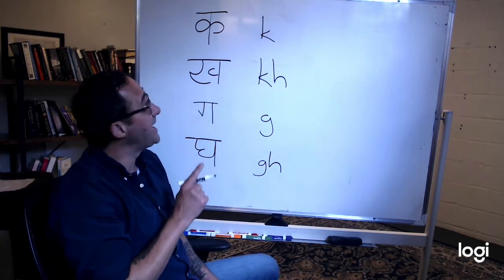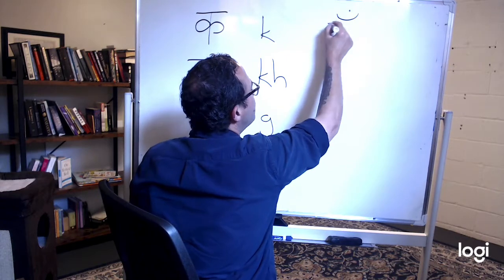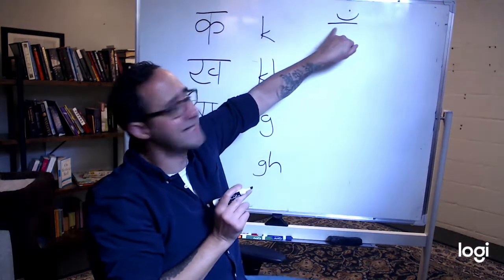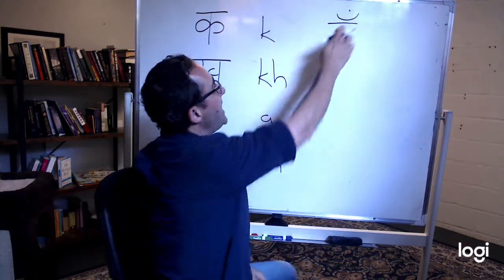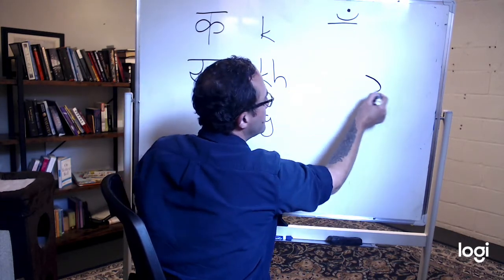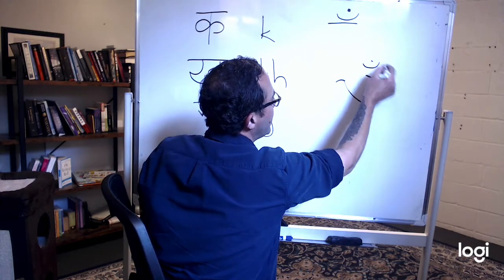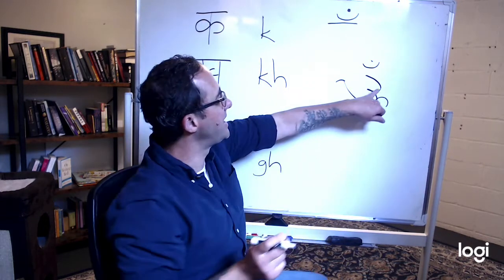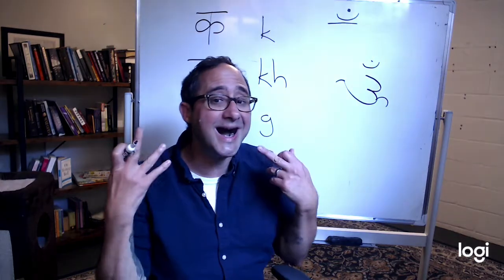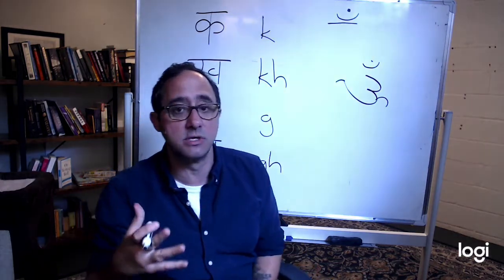The last one goes at the top over a word. So this is that top bar. It goes over like this. You've seen the Om, where you have this at the top. This is an ng, like ing, like saying I'm buying some clothes.